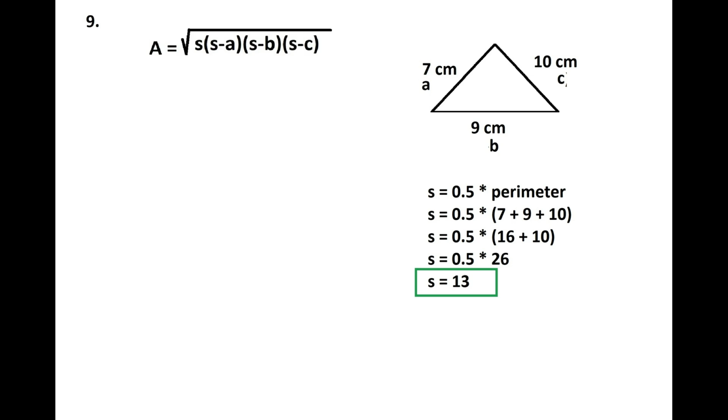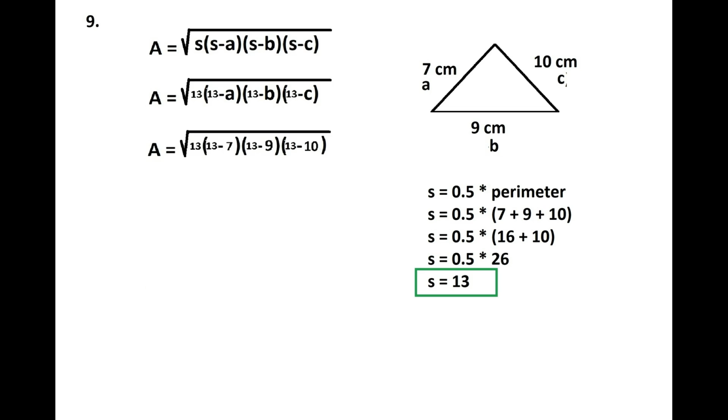We already have all our sides, so let's plug in our numbers. Area equals the square root of the quantity half the perimeter, S, times S minus A times S minus B times S minus C. Area equals the square root of 13 times 13 minus 7 times 13 minus 9 times 13 minus 10.